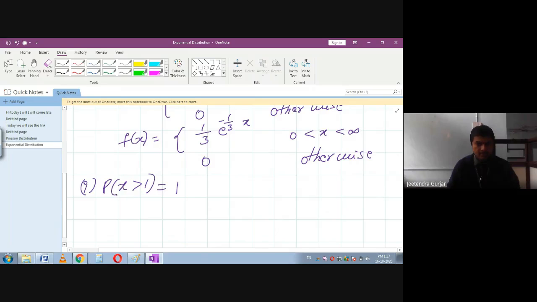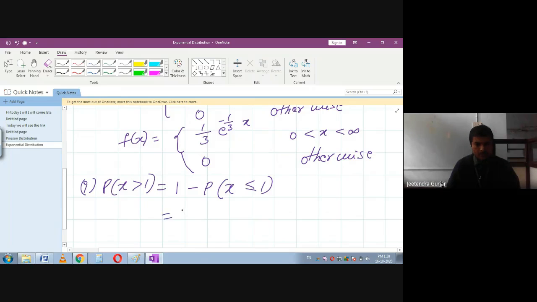Therefore we take P of x greater than 1 as 1 minus P of x less than or equal to 1. If it is less than 1, I can simplify this function. If it is greater than 1, it will go to infinity, student. So therefore I have taken this value.